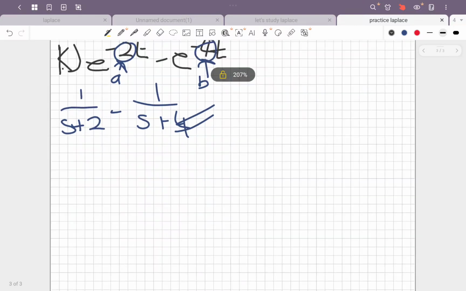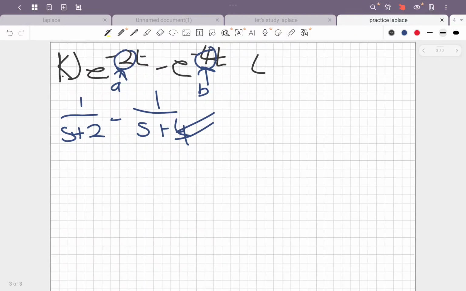Now our question will be spiced up. For L, there will be a sine.